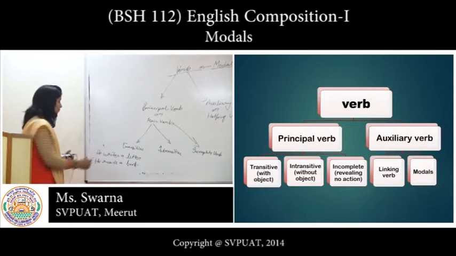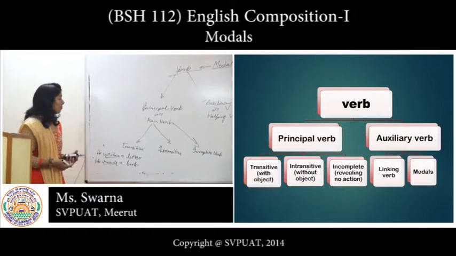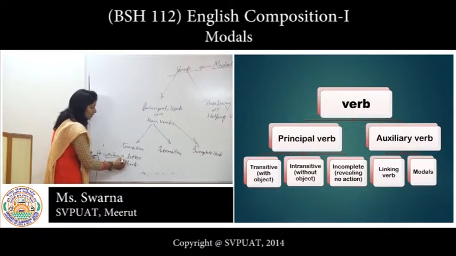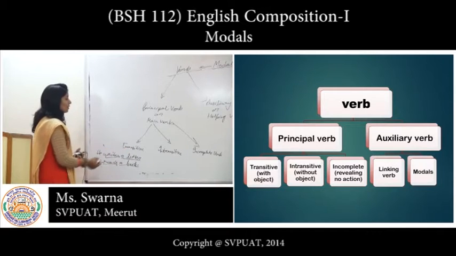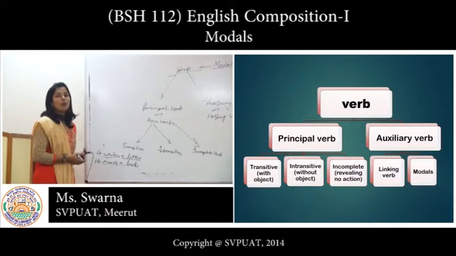In both sentences, read and write are principal verbs, or main verbs, which are used with an object, and the object in the first sentence is a letter, in the second sentence a book. So these transitive verbs are those verbs which are used with an object.